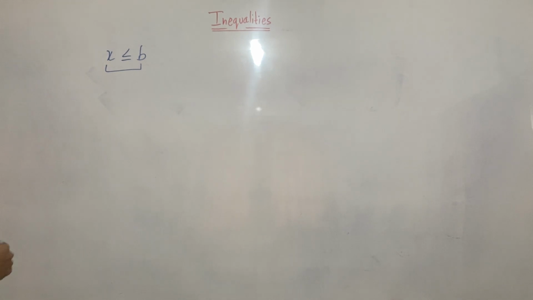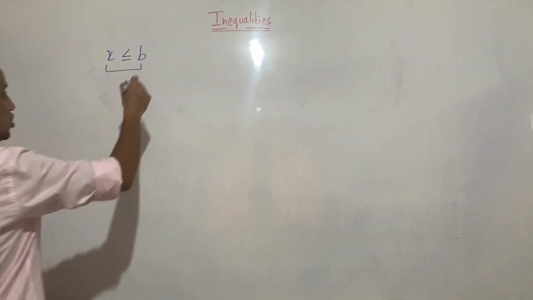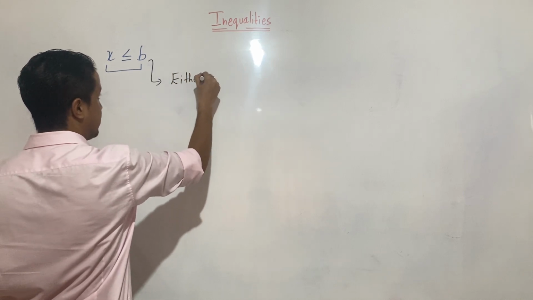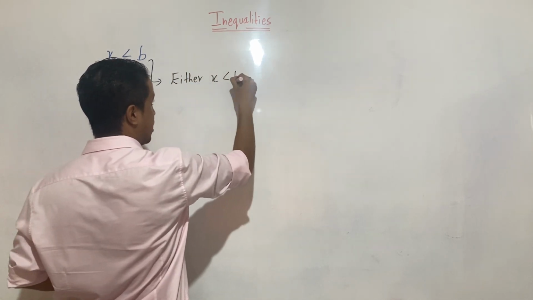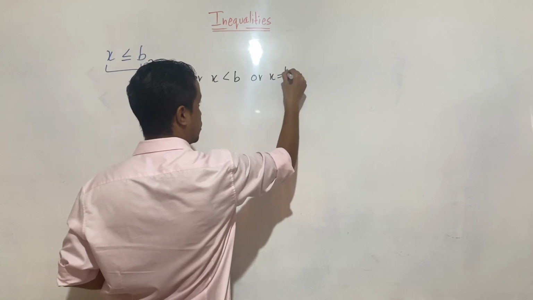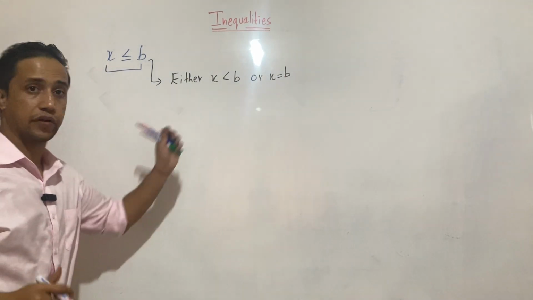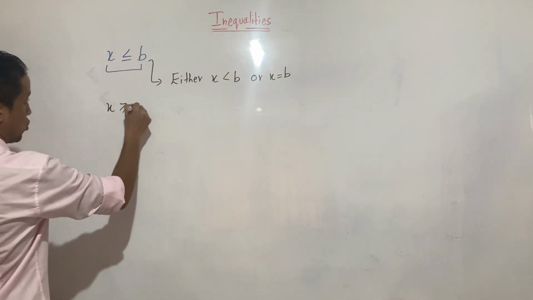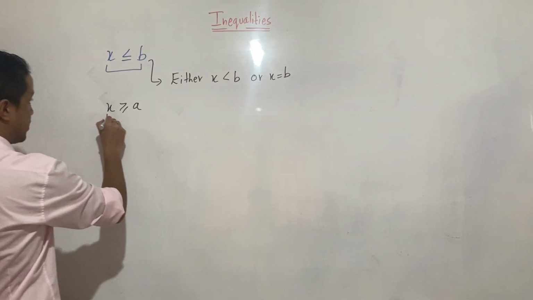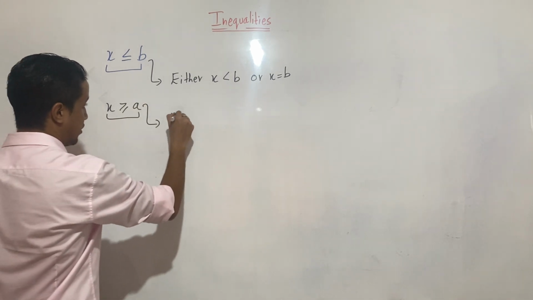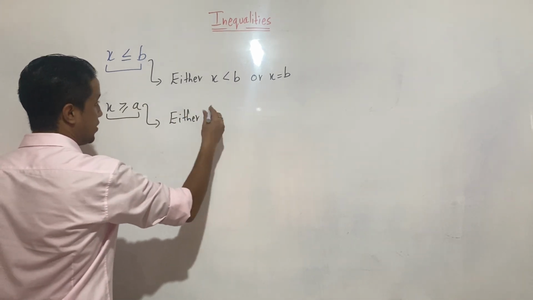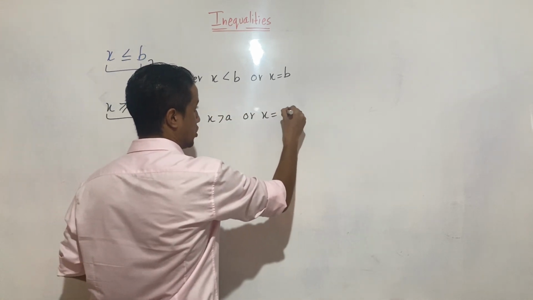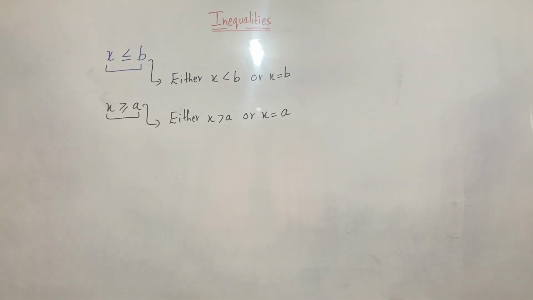It means either x is less than b or x is equal to b. I hope you know this. Or if I have x greater than or equal to a, then what does it mean? It means either x is greater than a or x is equal to a.